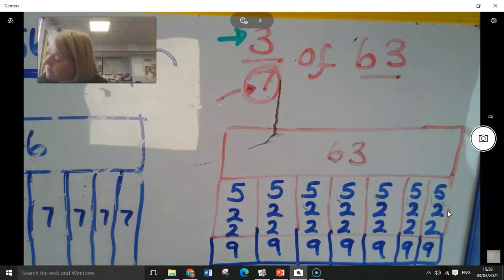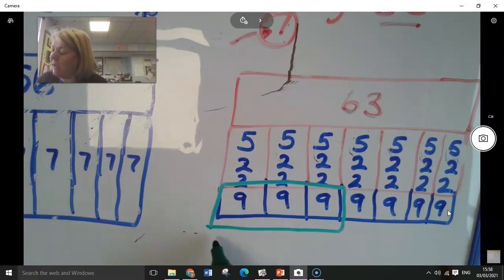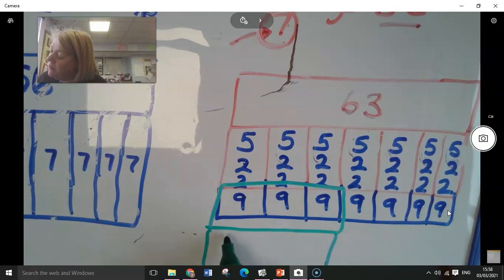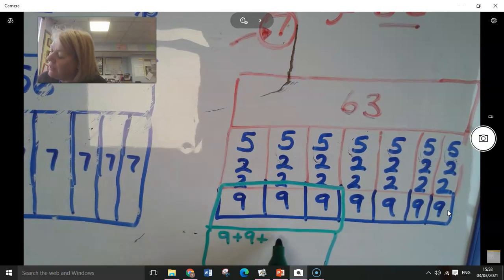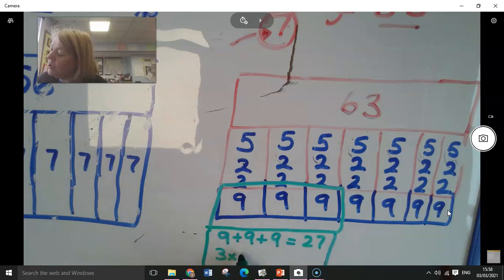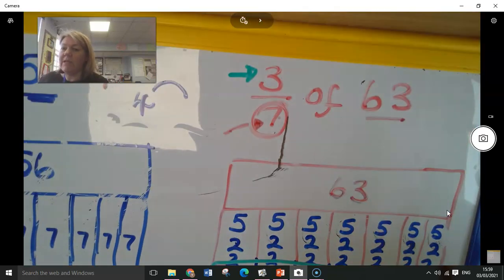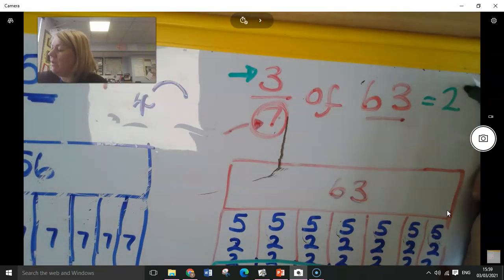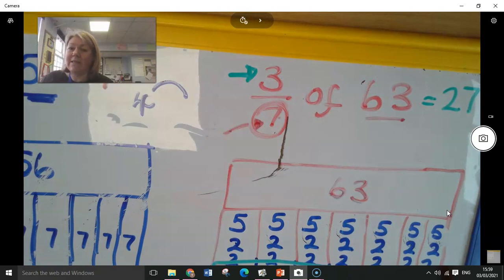So I have to count 3 of these 9s. You could do 9, add 9, add 9, which equals 27, or you can do 3 lots of 9 equals 27. So 3/7 of 63 is equal to 27.